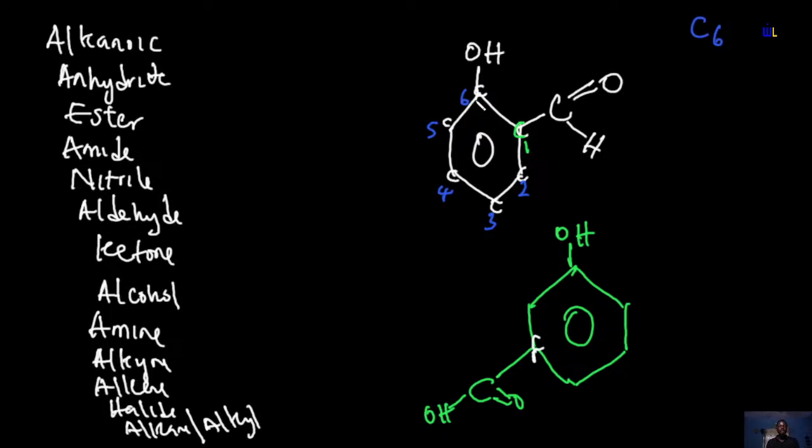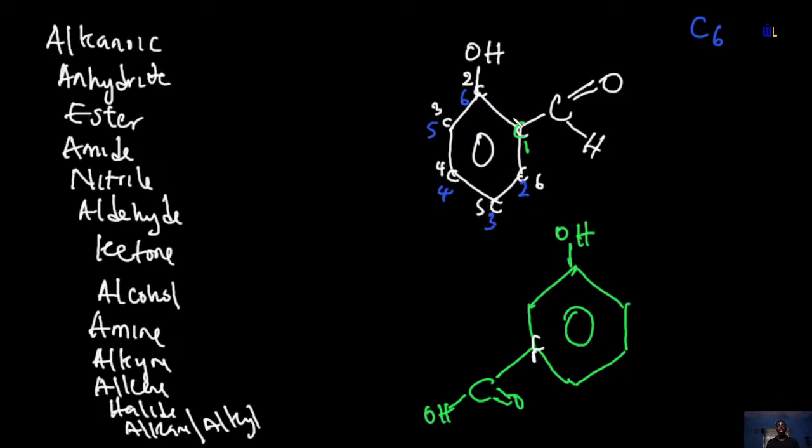Now, if we decide to number anti-clockwise, the numbers will change. So let's do that anti-clockwise. If we are numbering anti-clockwise, we would have this as 1. This is now going to be 2. This is going to be 3. This is going to be 4. This is 5, and this is 6.